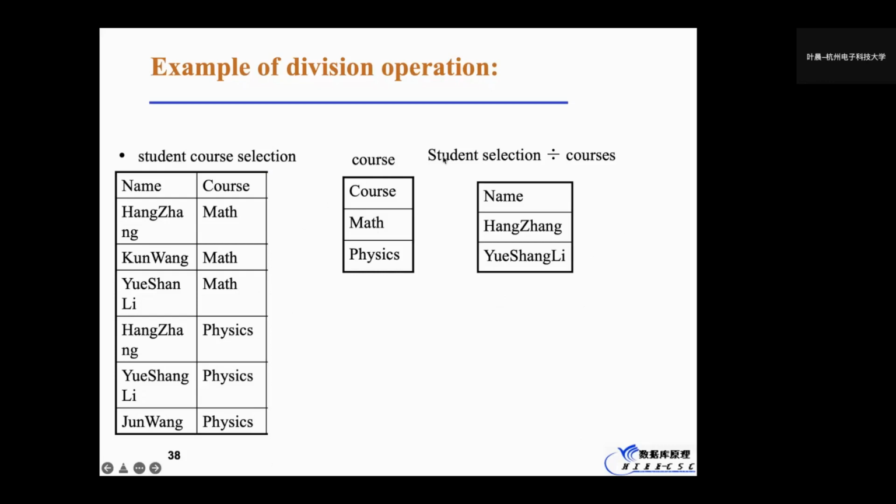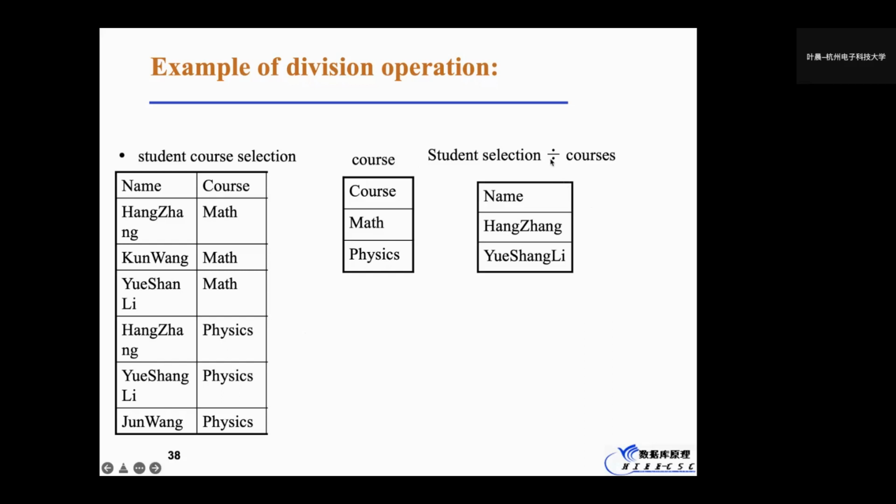So this table divided by this table, we get the result: the name column of those who take all these courses. That is the meaning of the division operation. That means in this example, the division is to find the students who take all the courses.